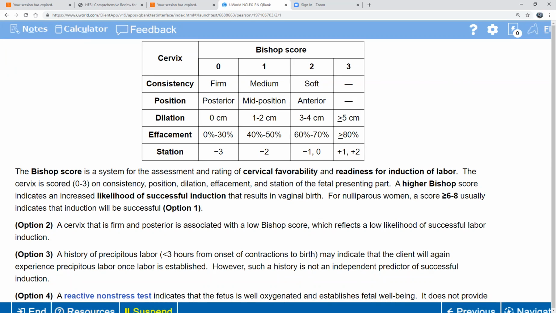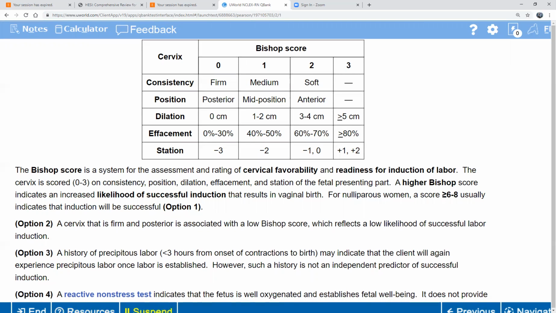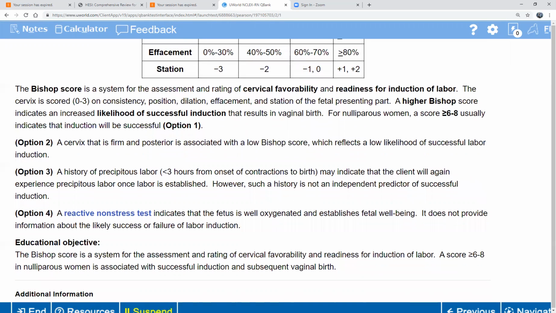According to this, for someone who's never had a baby, anything greater than 6 to 8 if you're inducing. So I guess it depends on whether or not you've had babies before.